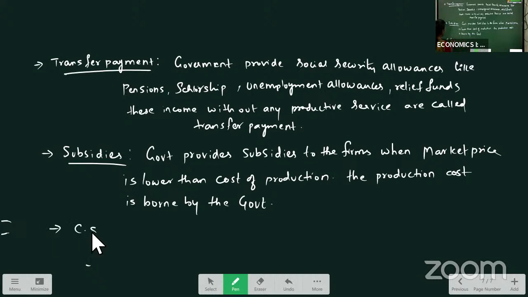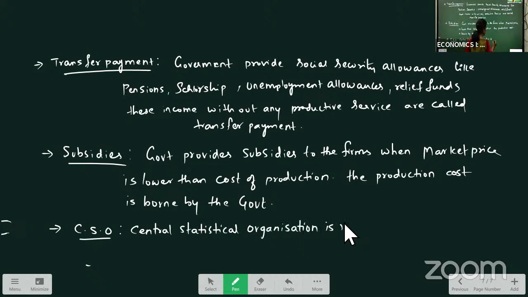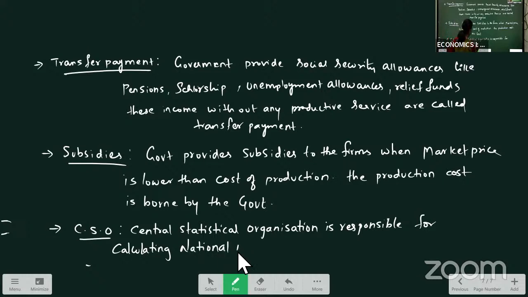Next question, CSO, Central Statistical Organization, which is responsible for calculating national income in the country.